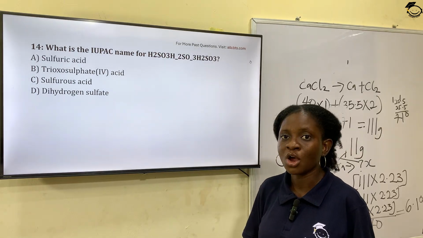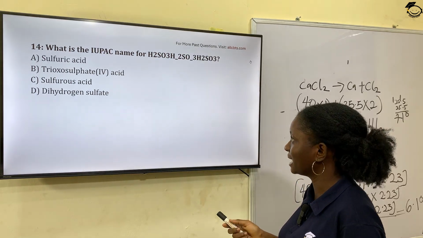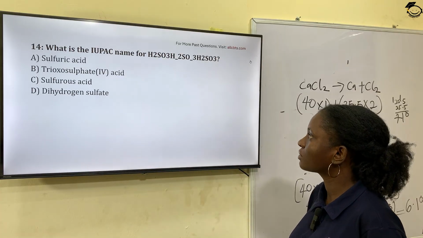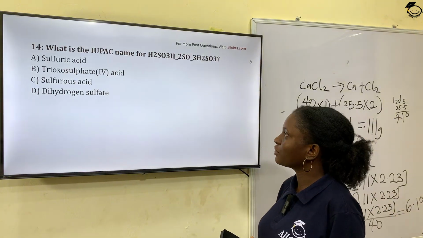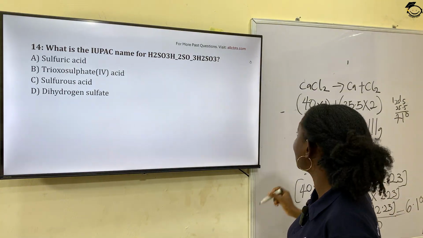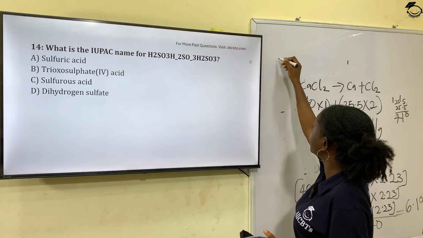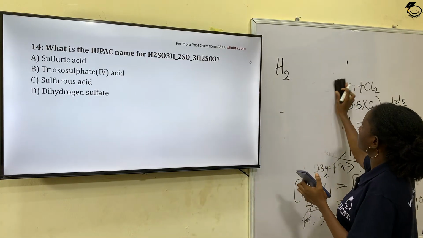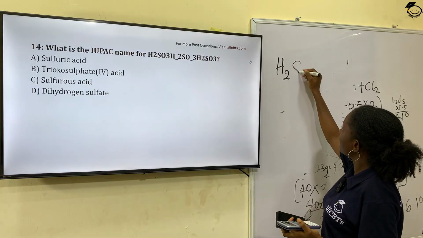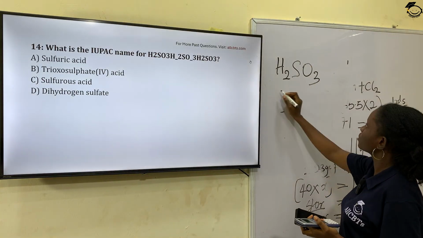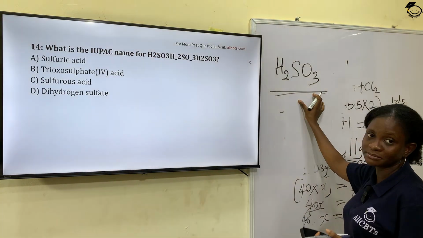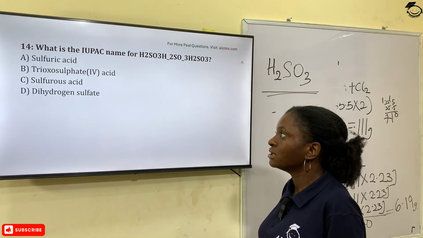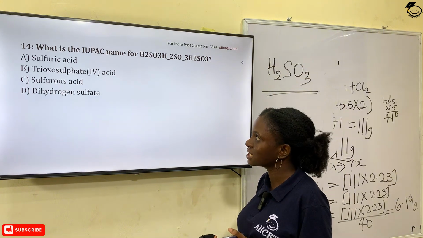Question 14. What is the IUPAC name of this compound? The compound is H2SO3. Option A, sulfuric acid.